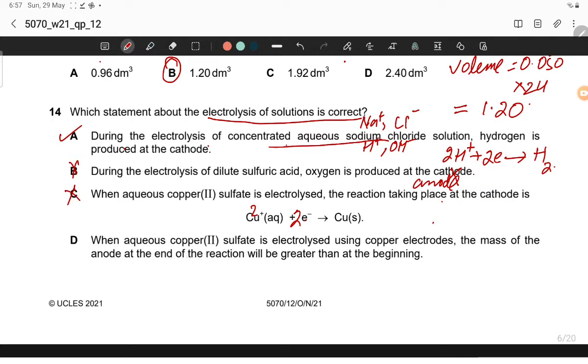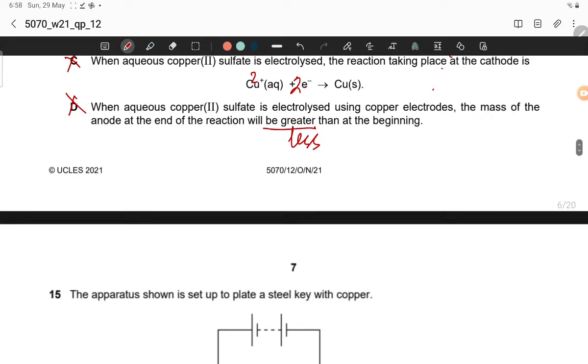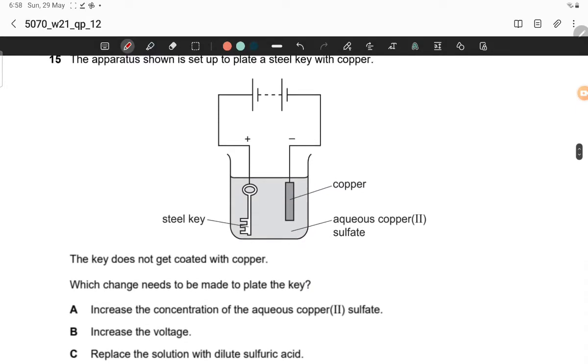So this is also incorrect. When aqueous copper 2 sulfate is electrolyzed using copper electrodes, the mass of the anode at the end will not be greater, it will be lesser than at the beginning. So A option is correct, and D is incorrect.